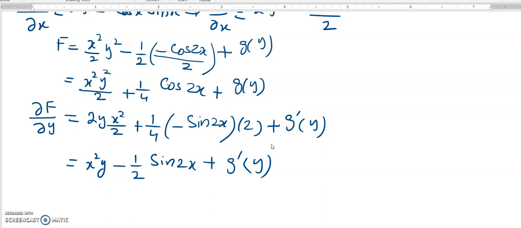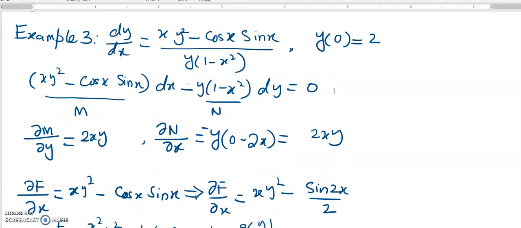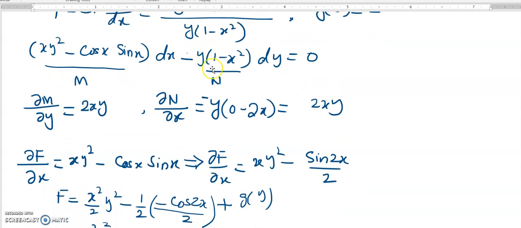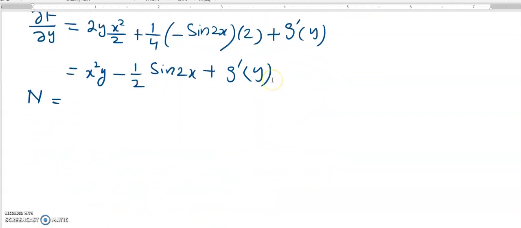So we need to compare it with n over here. So what is n? N is here, y into n is this, okay, minus y into 1 minus x square. So it is minus y into 1 minus x square.